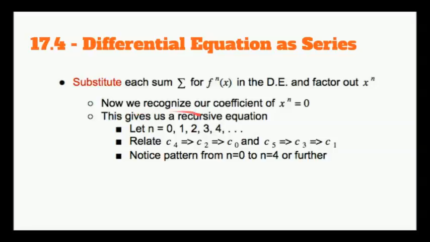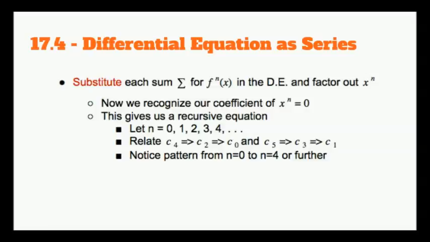Now we recognize our coefficients of x to the n are equal to 0. This gives us a recursive equation. Let n equal 0, 1, 2, 3, 4 integers. Relate c4 to c2 to c0 and c5 to c3 to c1.